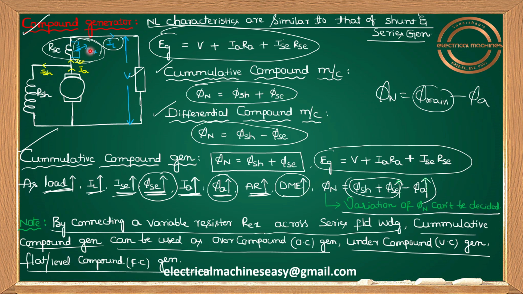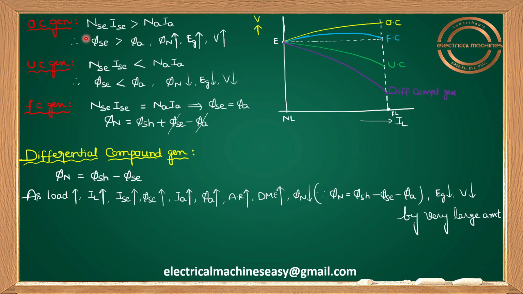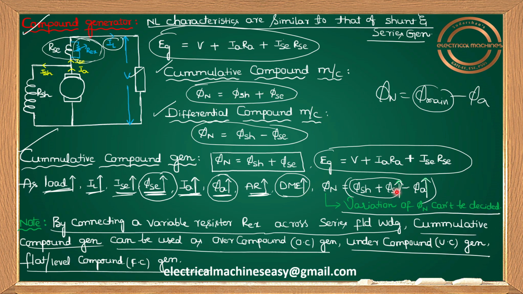By varying this Rex, I'll see such that Nsc Isc, which means the series field winding MMF, is more than the armature MMF, Na Ia. Whenever series field MMF is more than armature MMF, obviously flux is because of MMF only, so series flux will be more than armature flux. So whenever phi s is more than phi A, phi s is more dominant here.